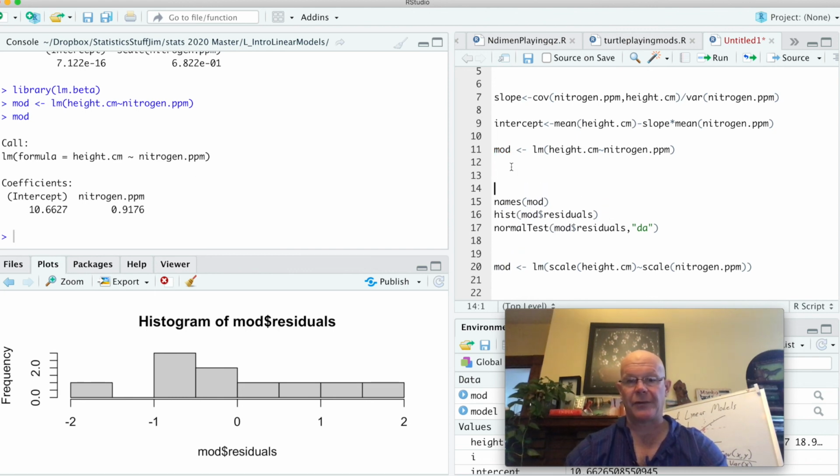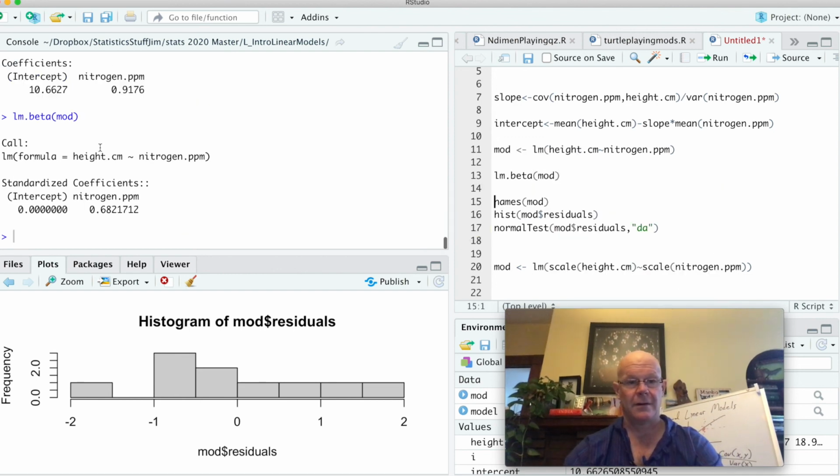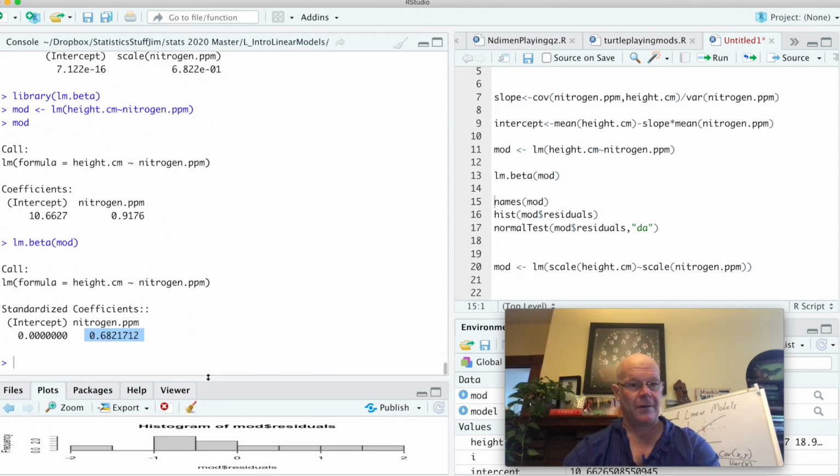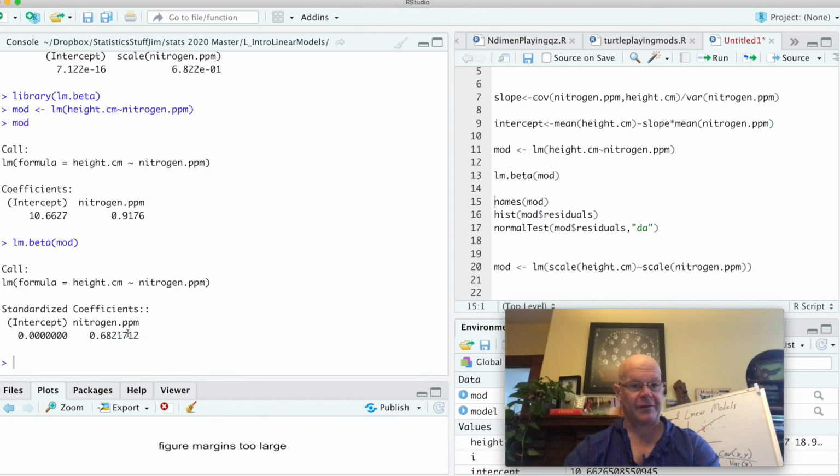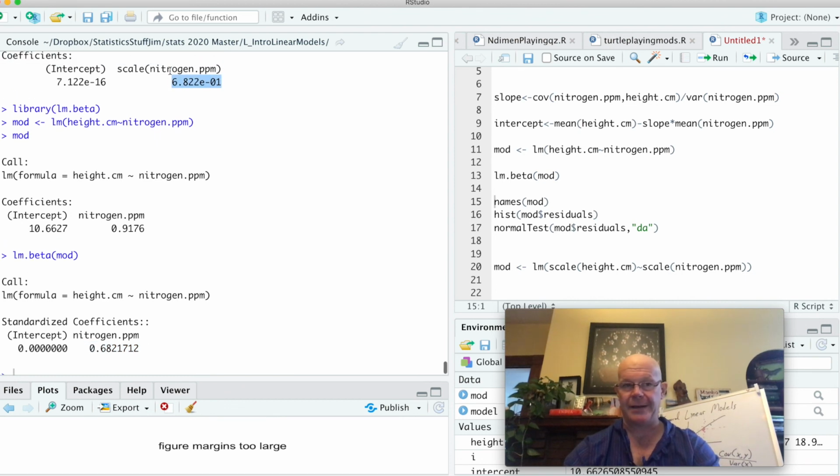If I use that function called lm.beta and put my model in there, I get the scaled coefficients. And again, here is my slope, 0.682. This is what we got when we scaled it by hand.